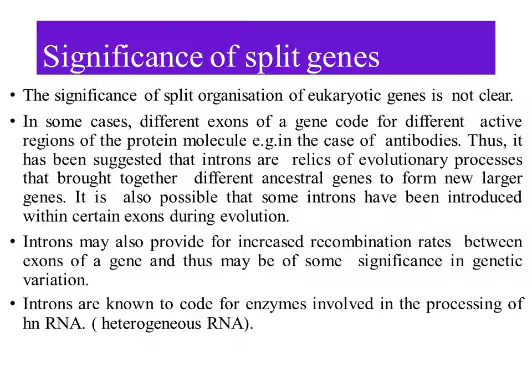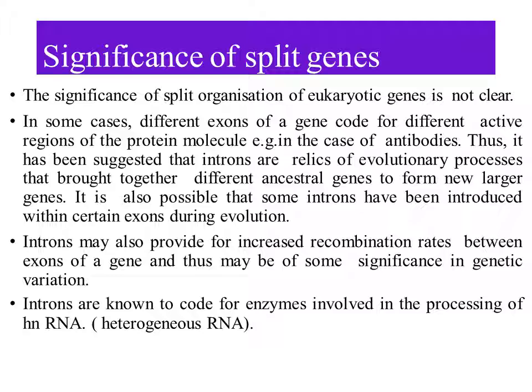Having split genes in eukaryotic organisms provides the significance of producing more than one kind of protein from the same sequence or same cistron or same gene by rearranging the exons in different manners. Like exon 1, 2, 3, 4, if we join in this sequence, it is going to produce the first type of protein. If we join exons 2, 3, 4, 1, it produces a second protein. If we join exons 4, 3, 1, 2, it is going to produce the next kind of protein.